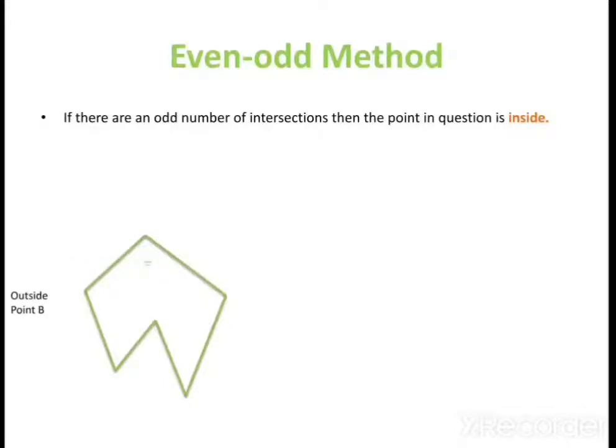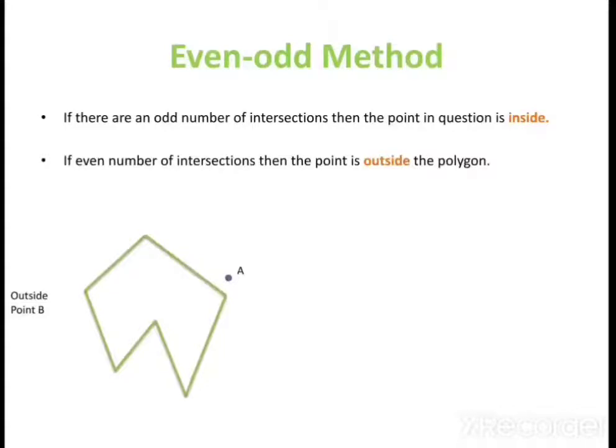In the same way, if we are having the number of intersection points as an even number, then the point is outside of that polygon. How? We can see here, this is A, and we are having another point B. If I join a line between A and B, then I have to check whether A is inside or outside, and for that purpose I will find the intersection points.